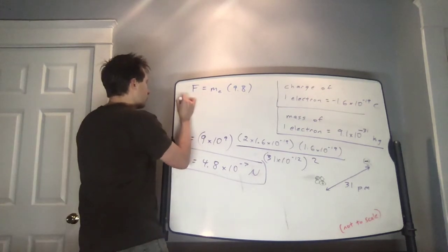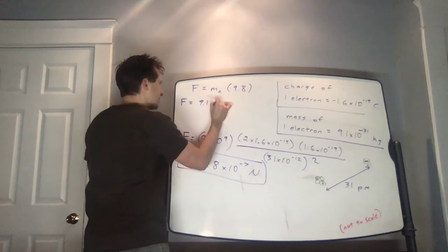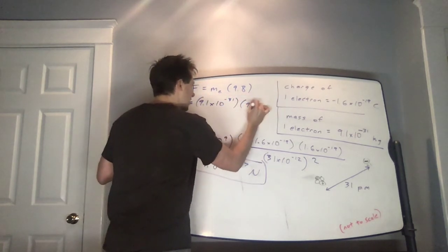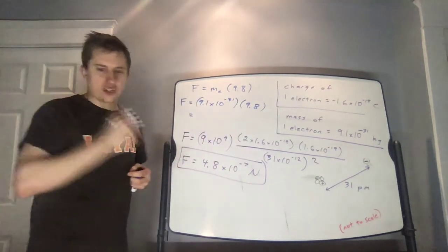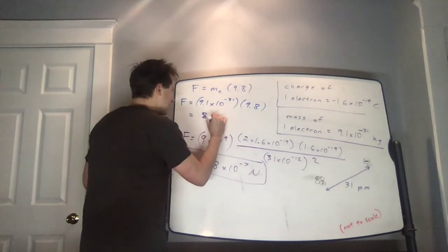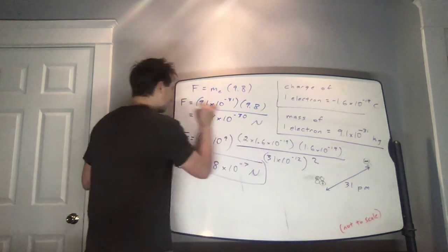So I could say the force of gravity on an electron would be 9.1 times 10 to the negative 31 kilograms times 9.8. And when I put that number into a calculator, I find that the force of gravity on the electron is 8.9 times 10 to the negative 30 newtons.